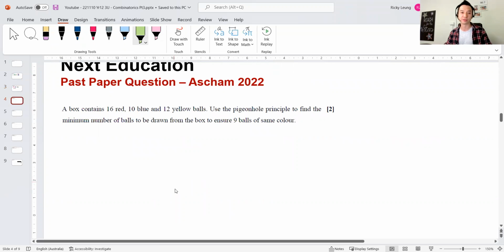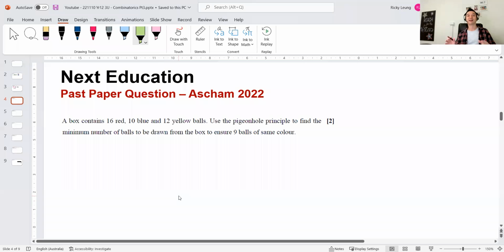Now, this question is from ASCM 2022. When I read this, it was completely misleading, when they said there are 16 red, 10 blue, 12 yellow. Use the pigeonhole principle to find the minimum number of balls drawn from the box to ensure 9 balls of the same color. I thought it was a bit misleading because they gave you different colored balls. It actually doesn't matter.